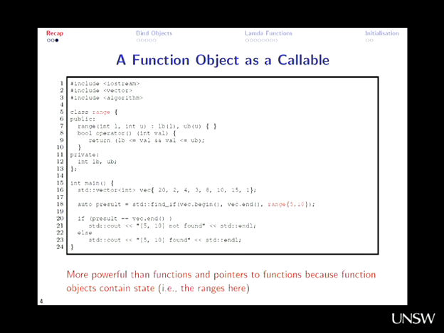Can someone give me the 2-sentence version of what a function object is? What is a function object and how does it differ from a normal object or differ from a function? Yeah? It's a class object that overloads the call operator. Yeah, that's basically it.